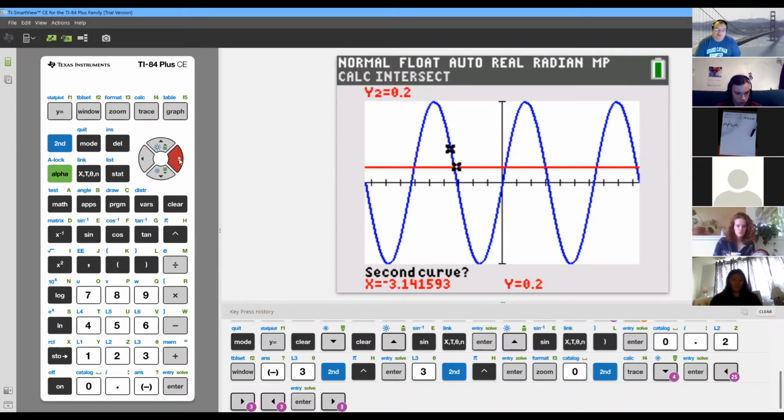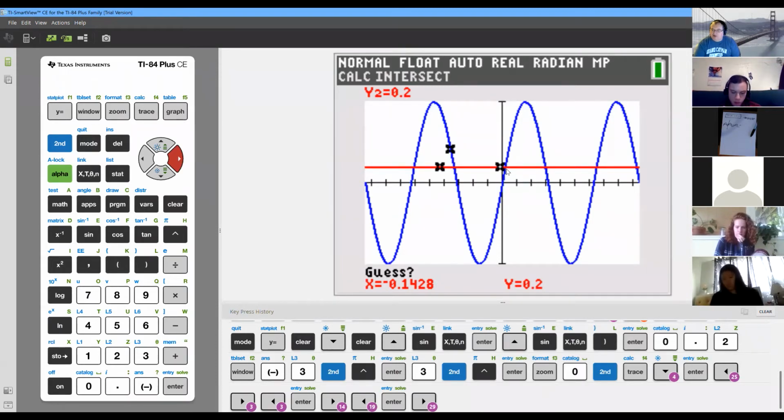Have you noticed now that it's jumped to the second curve, the little straight line guy? And is that my second curve? Yes, it is. So I'm going to hit enter. And then it says guess. Well, as I move my little cursor around, do you see that I can move to anybody. So for instance, see if I went and entered here, it would tell me that solution.